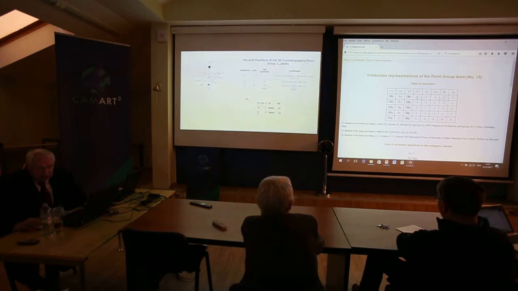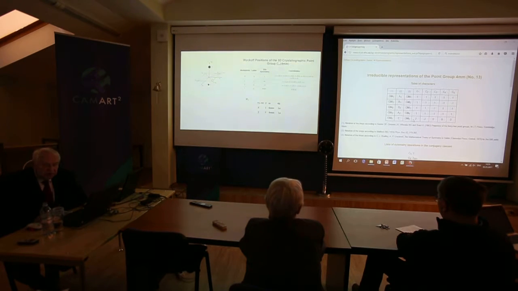So it means that there are 4 one-dimensional representations and 1 two-dimensional. And the following very simple relation is always fulfilled: when you have a group of order 8, the number of irreducible representations equals the number of classes, 5.